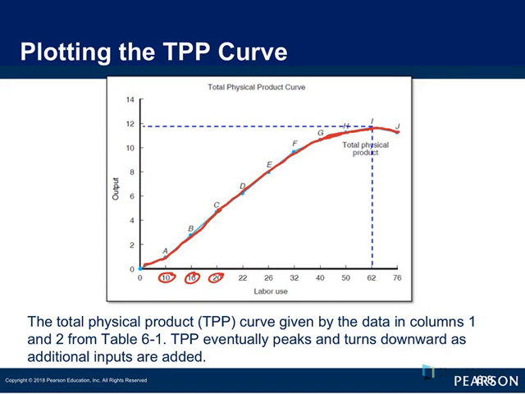So as an example, let's just say you're using fertilizer. You put fertilizer on a plant and it grows. You can add more fertilizer. Oh, and it grows more. And you can add more and more and more. But eventually, as you add more of that input, it will have a negative consequence, and your total physical product will begin to diminish. You can over-fertilize plants and cause their production to go down, or even plant death.